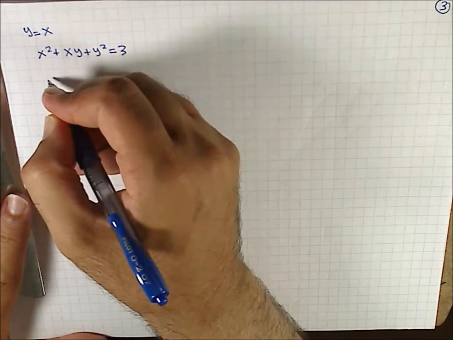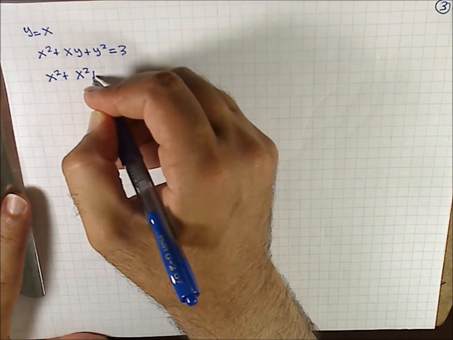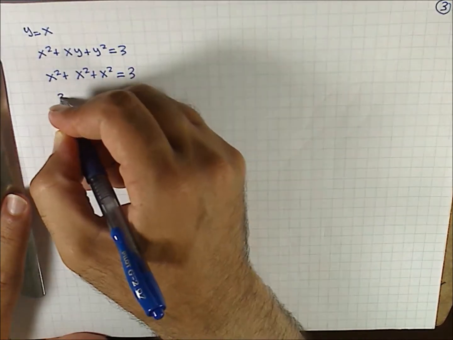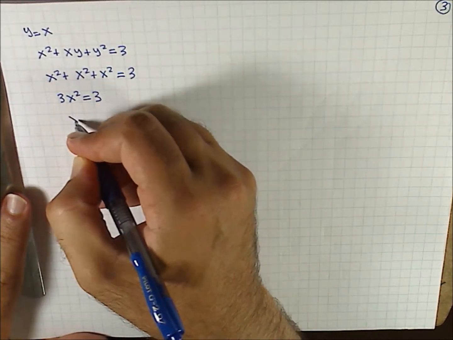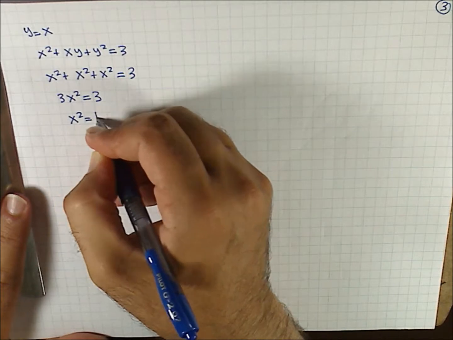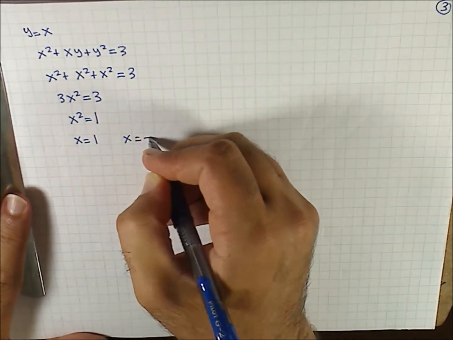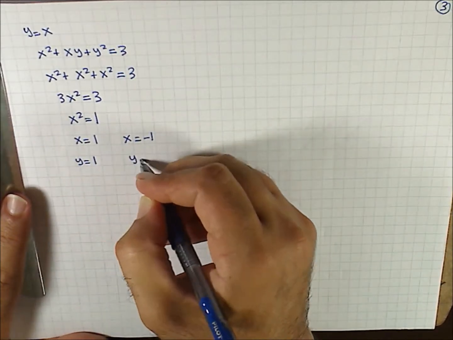Plugging this in, we get x squared plus x squared plus x squared is equal to 3. So we get 3x squared is equal to 3, x squared equals 1, x equals 1, x equals negative 1. Y equals x, we get y equals 1, y equals negative 1.